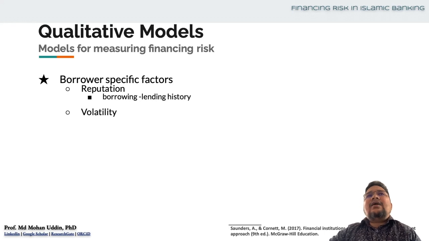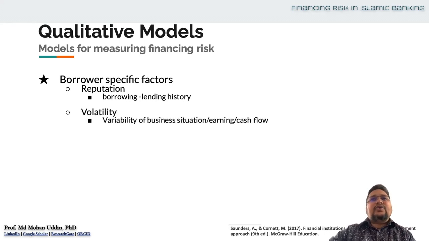Then the second important borrower specific factor is volatility. By volatility, we mean the variability of the business situation or earnings or cash flow. How variable is it? For some business organizations, it is quite steady. It remains quite fixed. It does not change much. But for other business organizations, it may fluctuate too much.